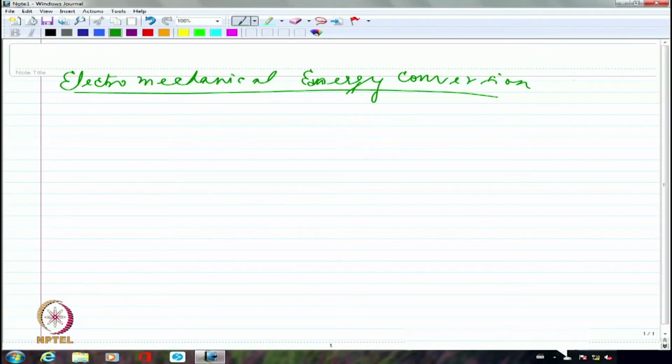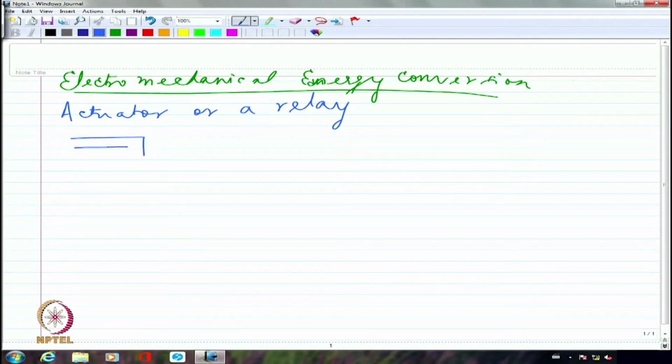So if you look at electrical to mechanical energy conversion, one of the examples is an actuator or a relay. What do we mean by an actuator? Let us say I have some structure like this, I'm just going to arbitrarily take a structure which is somewhat like this, and I want some other piece to come and close this gap.